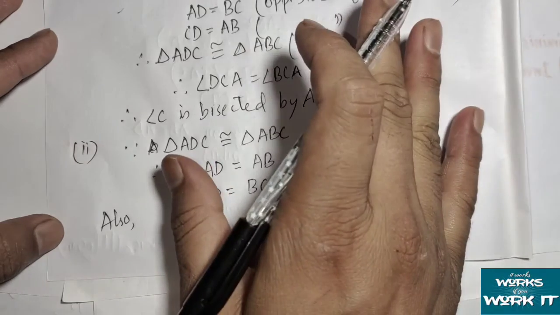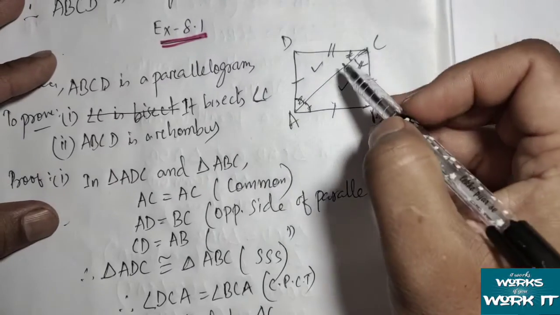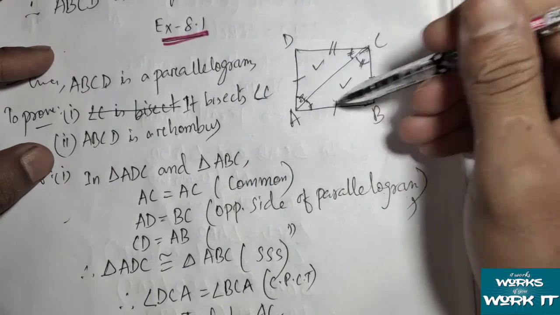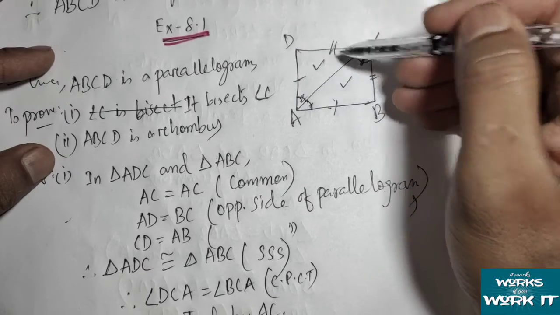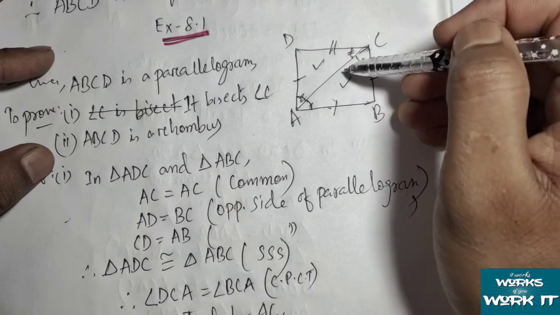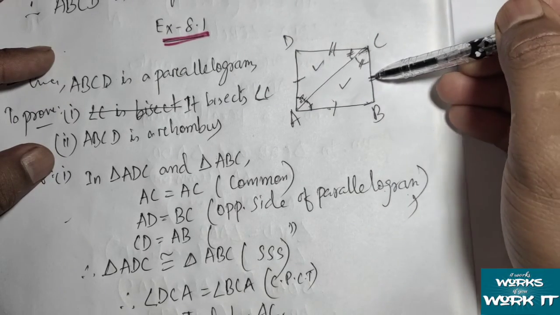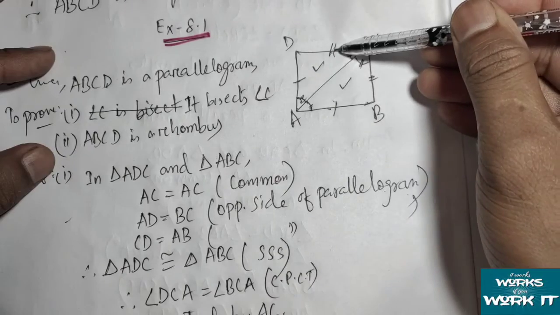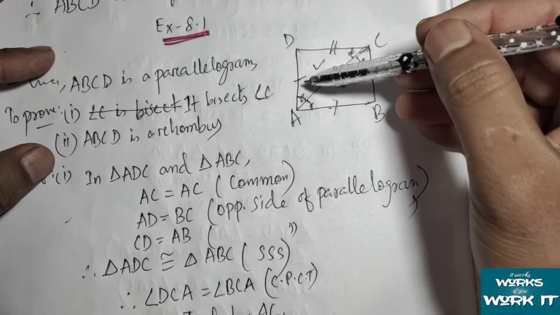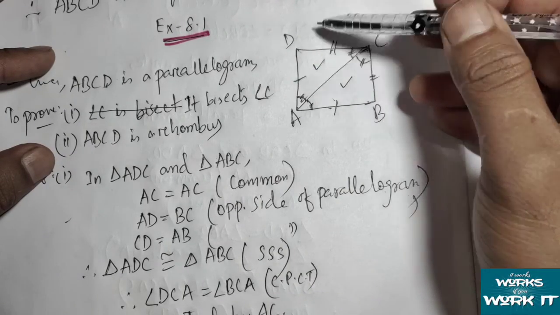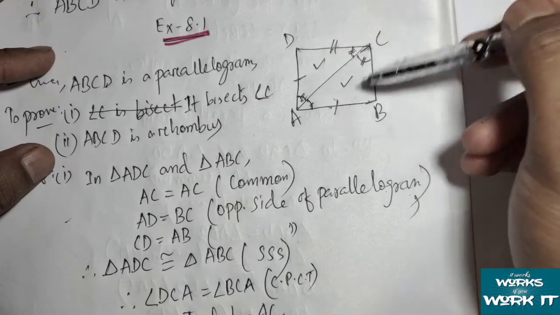we know ABCD is a parallelogram. Now what we have got: this and this are equal, this and this are equal. And also we know that AD is equal to BC and AB is equal to CD. Earlier we were not finding any link that all the sides are equal.